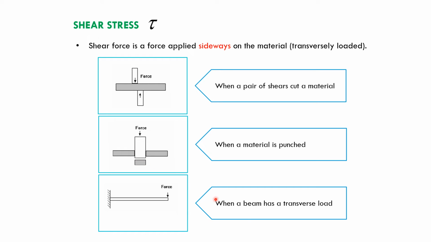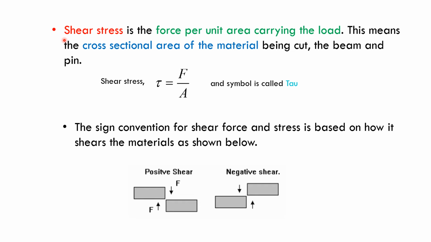Another example is when a beam has a transverse load. This is a beam, and we give a force on the beam. This is considered shear stress also. Put in words, shear stress is the force per unit area carrying the load.